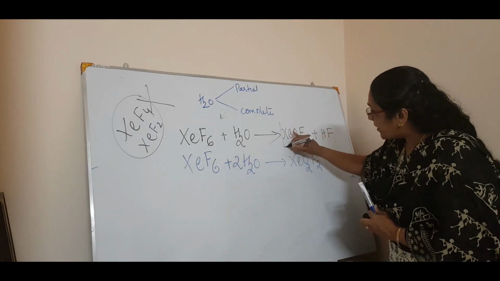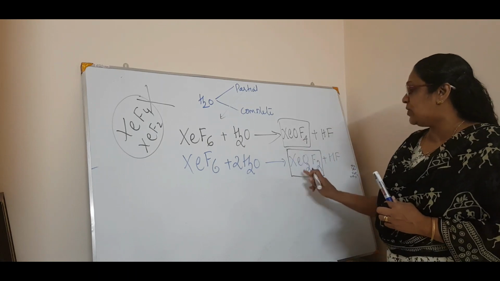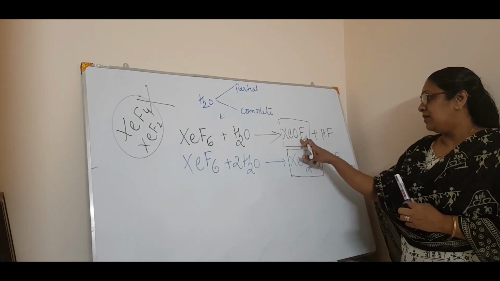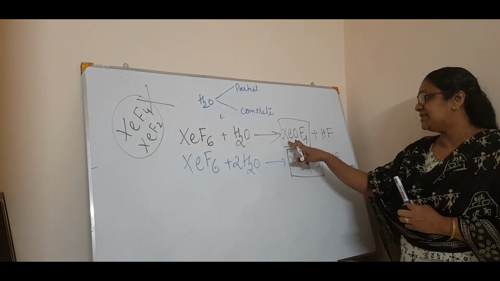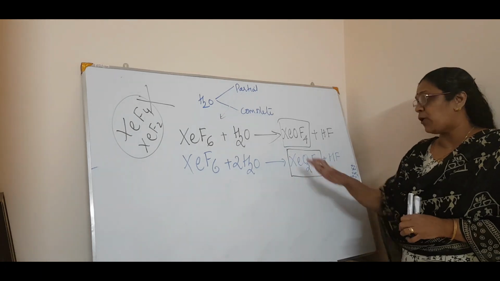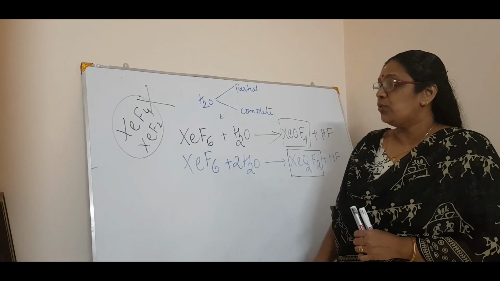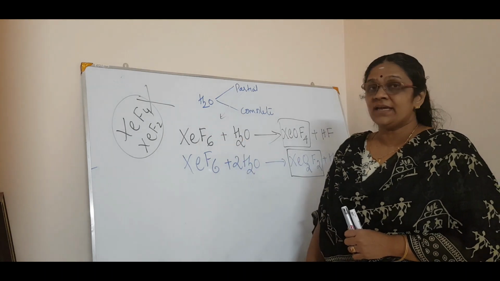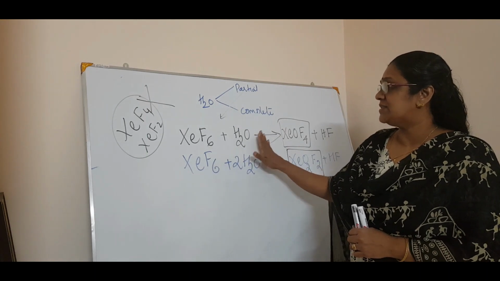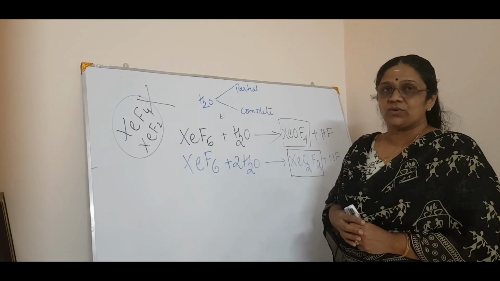Two products are obtained, one is XeOF4 and other is XeO2F2. So these are the hydrolysis products of xenon fluorides. Okay, you know all the fluorides are fluorinating agents. So this is about the partial hydrolysis, and the other one we discussed was the complete or simple hydrolysis.